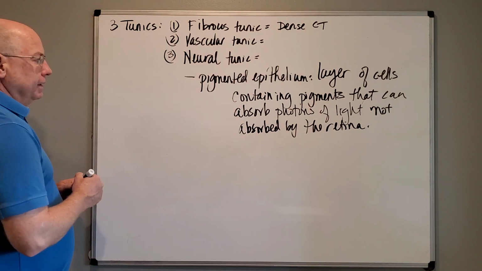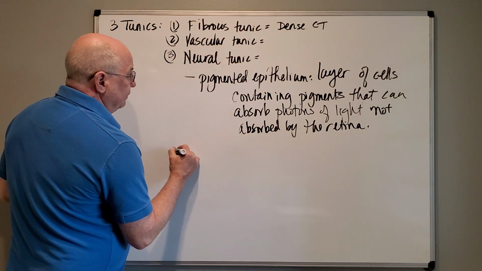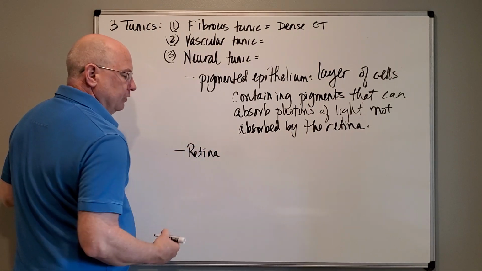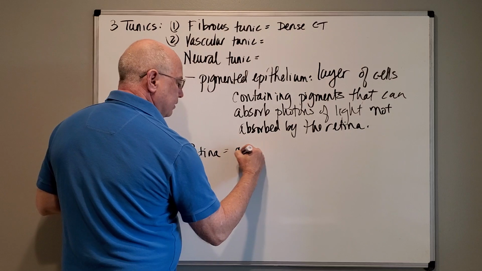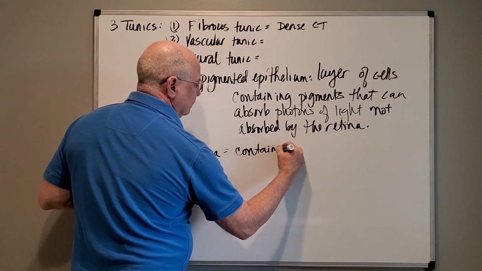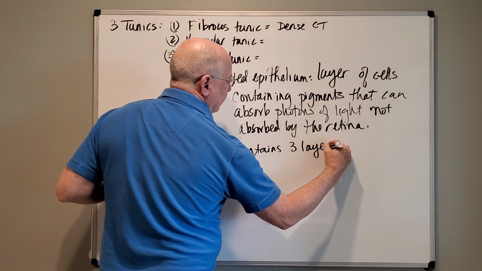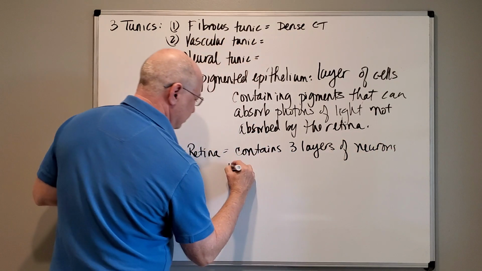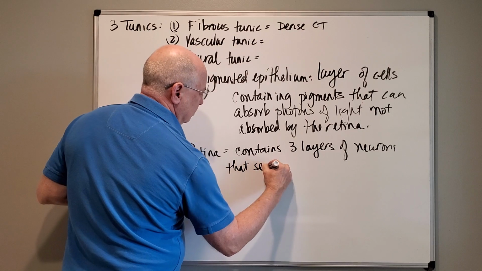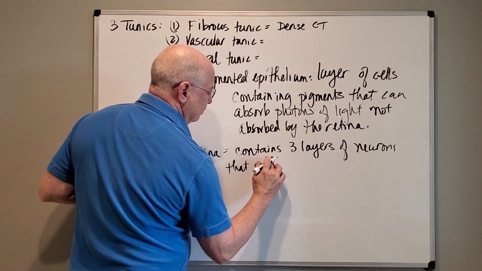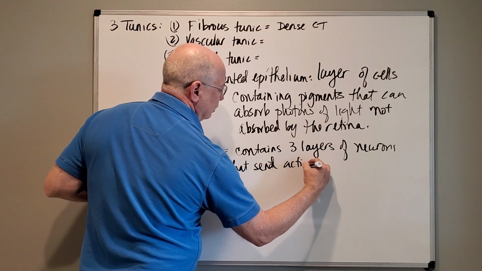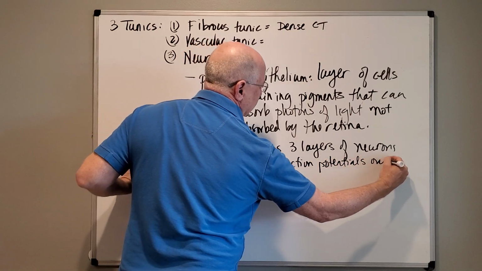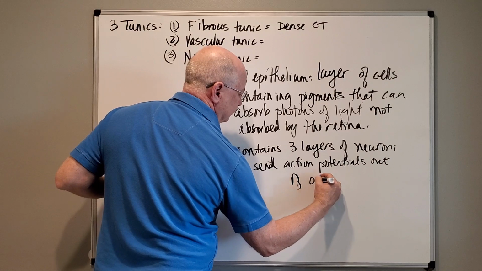So now, the second layer of the neural tunic is the retina. The retina contains 3 layers of neurons that send action potentials out of the optic nerve.